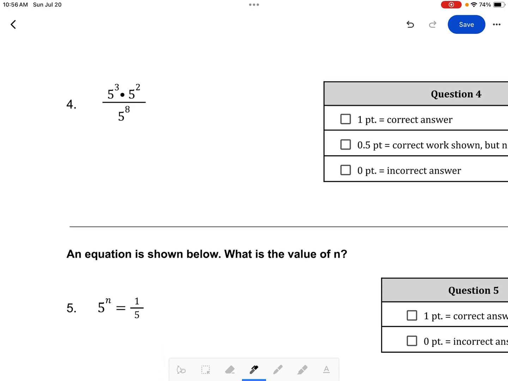Looking at number 4, I start with a fraction. At the top of my fraction, I am multiplying like bases. Remember, when I multiply like bases, I add the exponents. So this is going to be the same as 5 to the 3 plus 2 over 5 to the 8th. 3 plus 2 is 5, so this is going to be 5 to the 5th over 5 to the 8th.